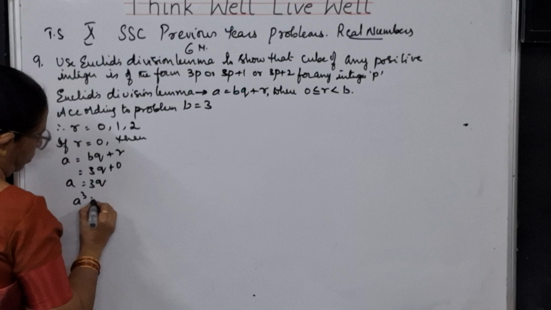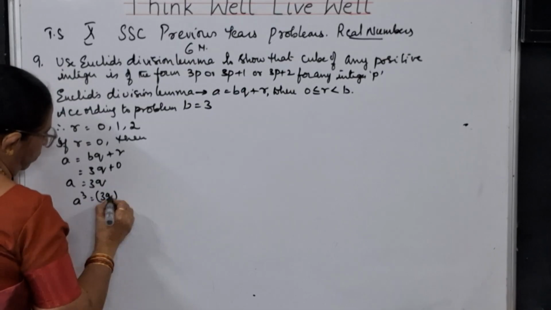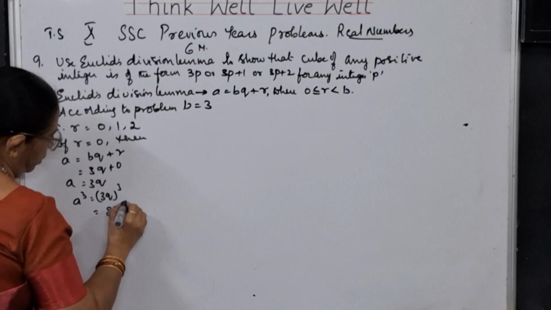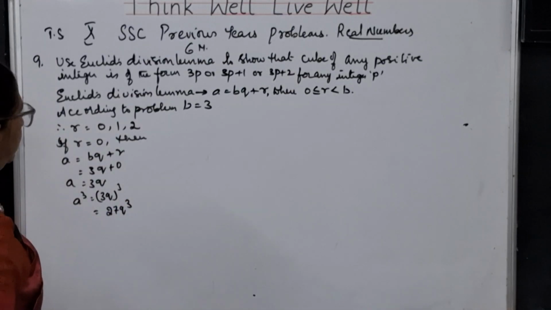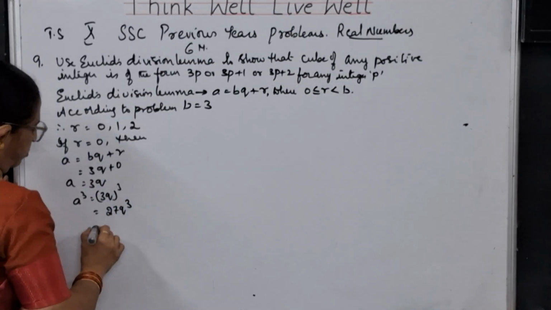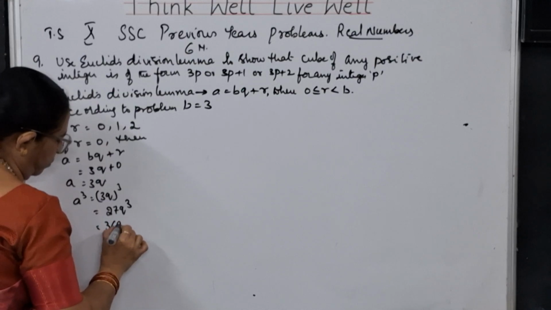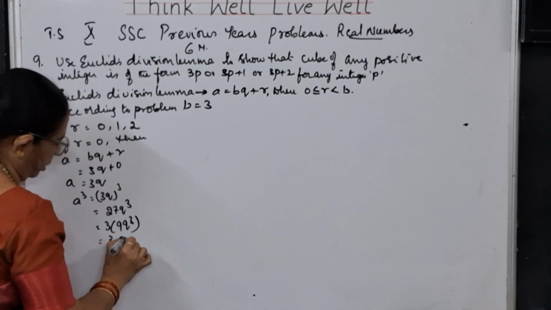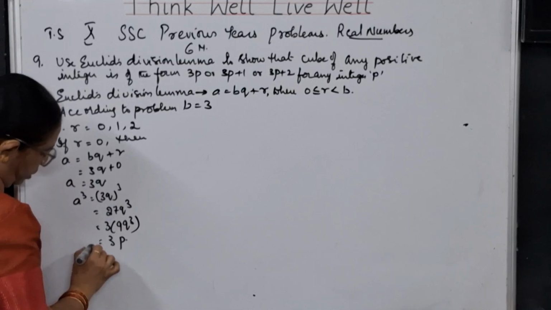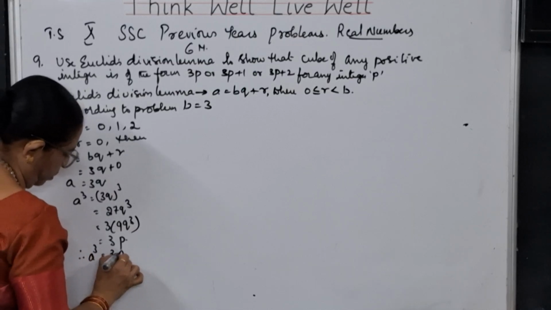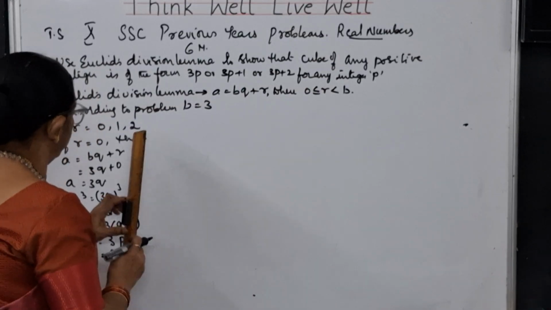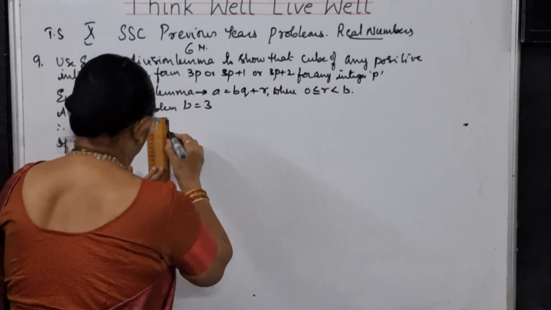Then a cube is equal to 3q whole cube, that is 27q cube. 27q cube can be written as 3 into 9q cube, that is equal to 3p. Therefore, a cube is equal to 3p. We have done the first one, if r is equal to 0.